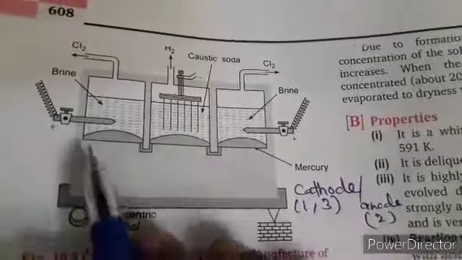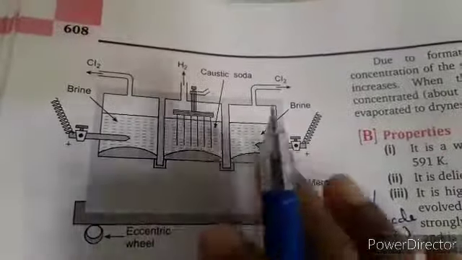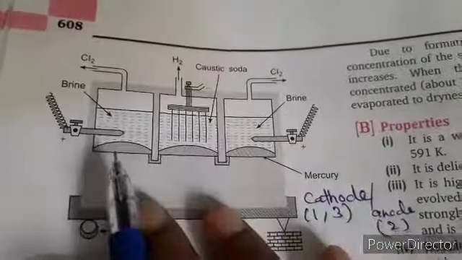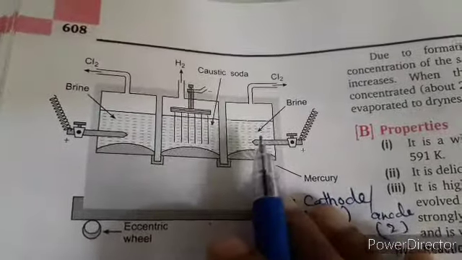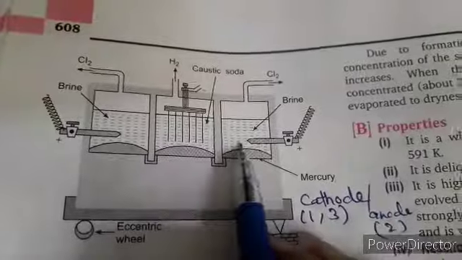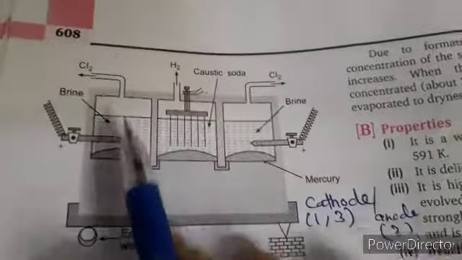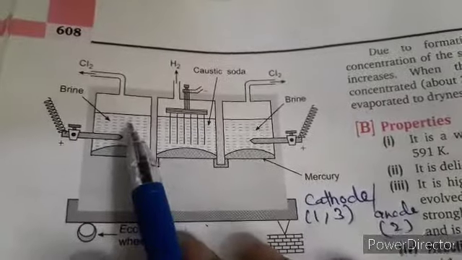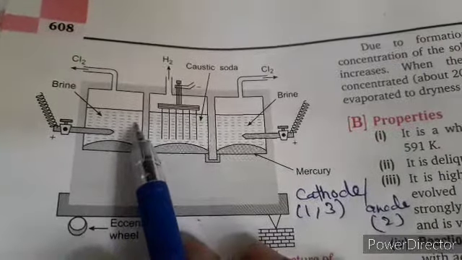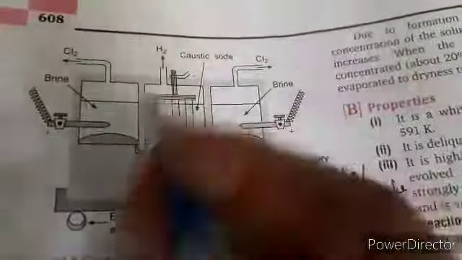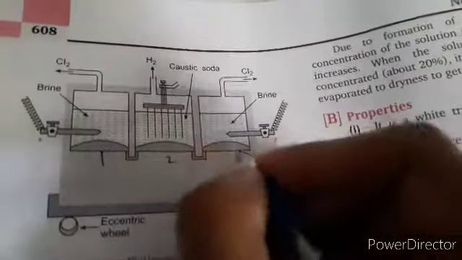It is a rectangular tank or container, and it has 3 compartments. You have to see that these 3 compartments are separated. In the first compartment you can see brine, meaning an aqueous solution of NaCl has been placed, and this is the first compartment, this is second, and this is third.